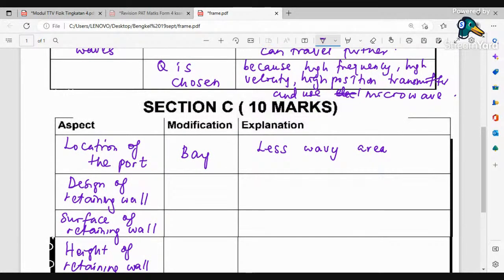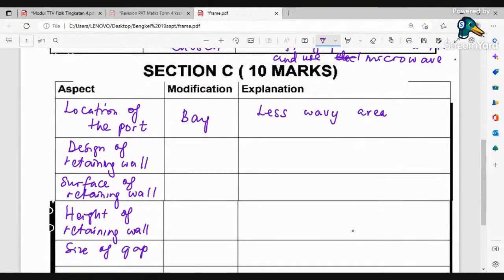Design of retaining wall should be inclined at the bottom, or thicker at the bottom also can, or you can draw something like this.